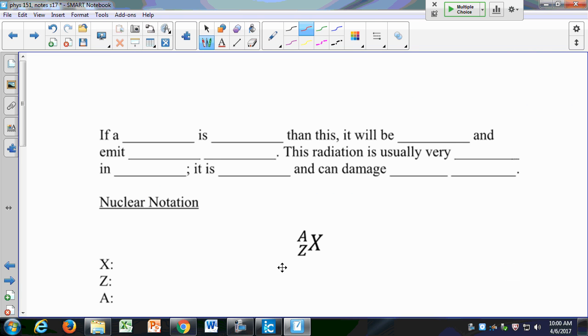So if a nucleus is bigger than this, 10^-15 meters, it will be unstable and emit nuclear radiation.